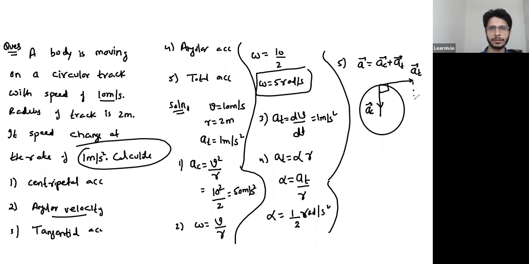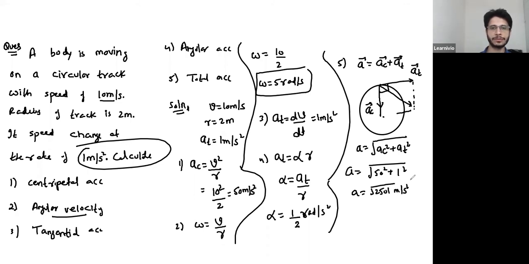So this is the net acceleration. The net acceleration is root over AC square plus AT square. You can simply substitute their values. Your AC is 50, AT is 1. So A is root over 2500 plus 1, so it's root over 2501 meter per second square.